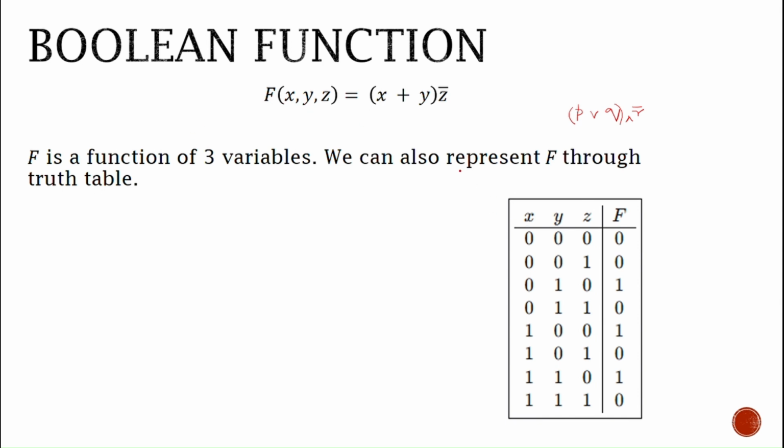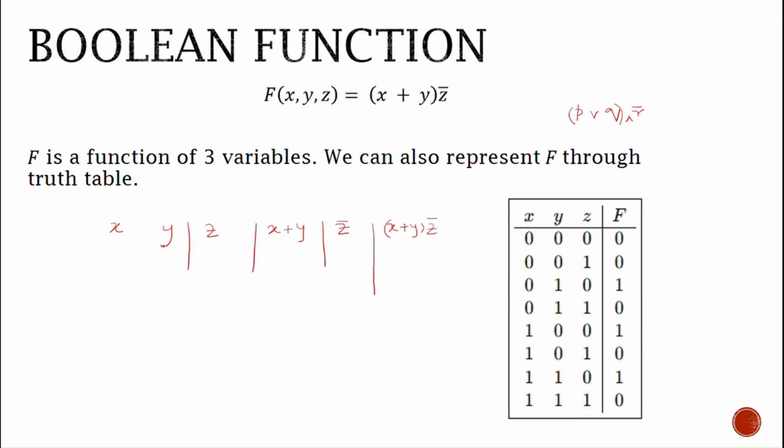Also, this Boolean function can be represented not only through this functional expression, but also through the truth table. As we already studied how to make a truth table, in a similar manner we can construct the truth table of this function by using first the columns of input variables, then one column for the sum, one column for taking the negation of z, and the last column will be the join of these two propositions.